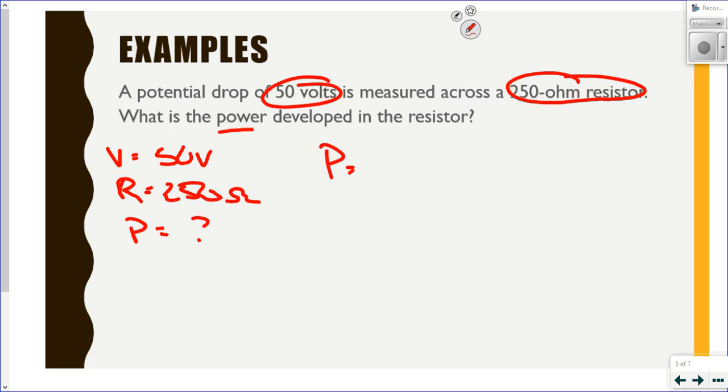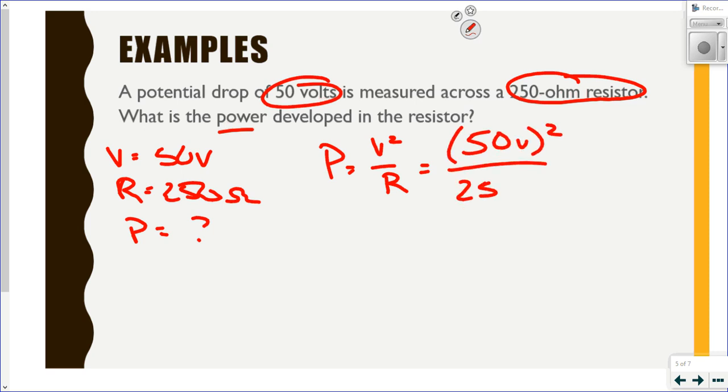That would be P equals V squared over R. I'm going to plug in what we've got here. We've got 50 volts, and that's squared, over our resistance, 250 ohms. And if you multiply that together, you get a nice 10 watts. Again, you could use the units V squared over ohms, but power is measured in watts.